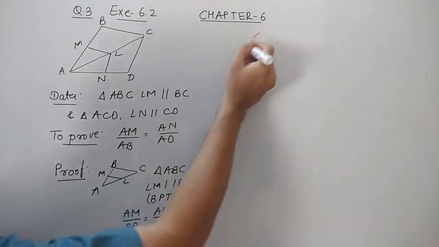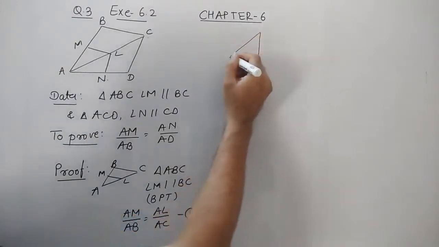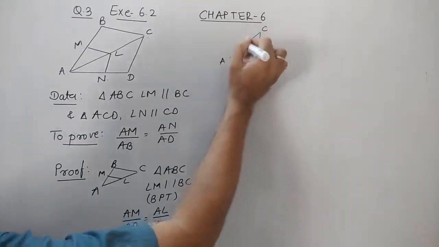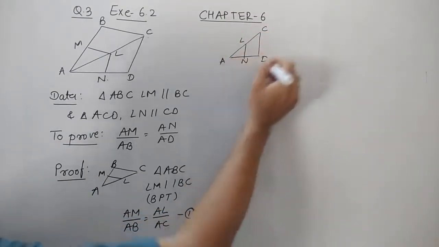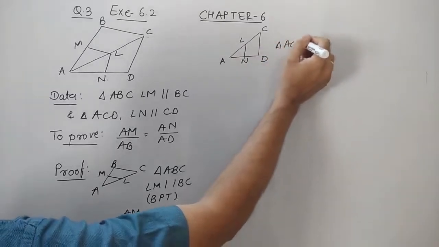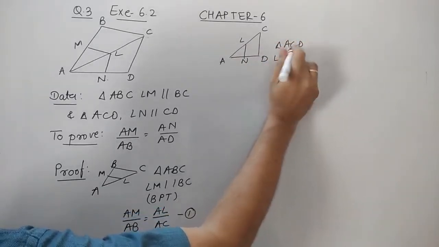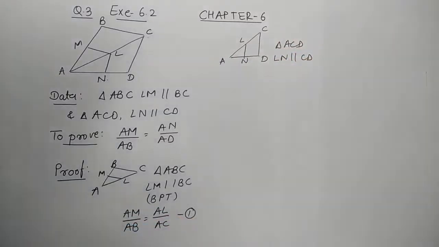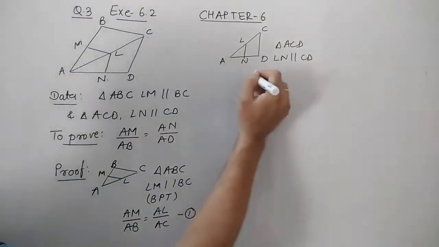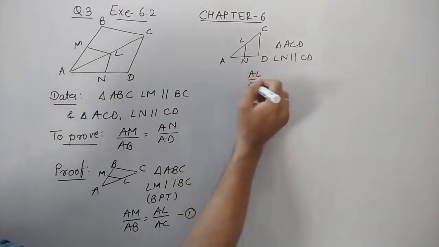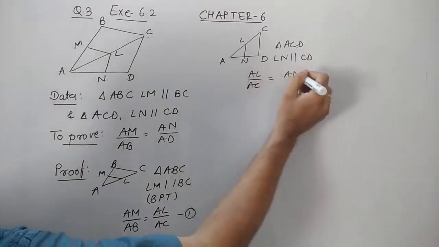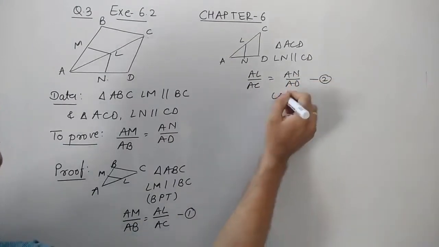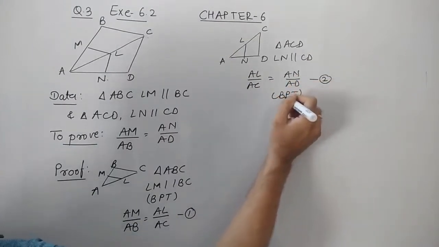If you observe this triangle ACD, LN is parallel to CD. So again I'll use the same idea: AL upon AC is the same as AN upon AD. Again I have written this from the basic proportionality theorem, we can write BPT.